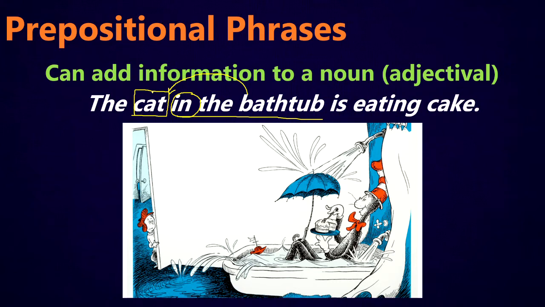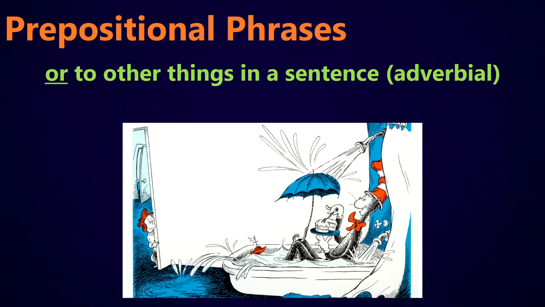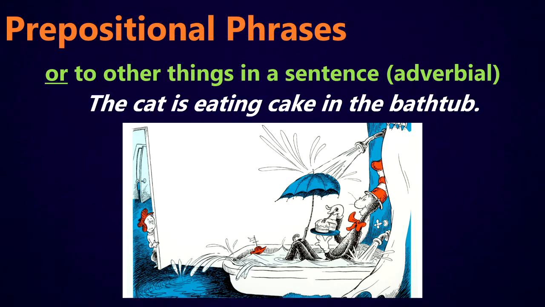They can describe nouns. The other thing prepositional phrases can do is to describe other things in a sentence. So they can describe many other things, such as the verb or other adverbials in the sentence. And we call these adverbial prepositional phrases because they work like adverbs.